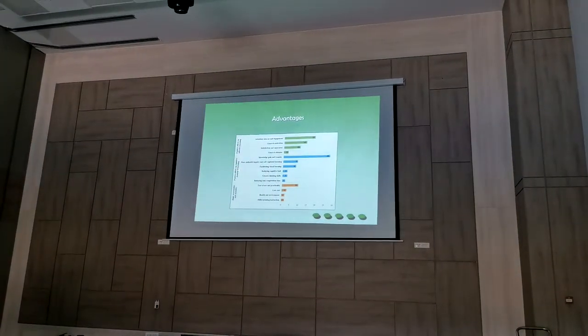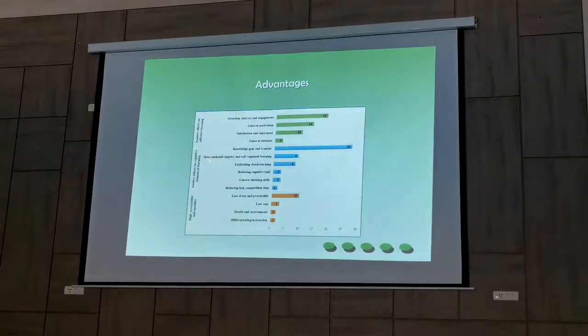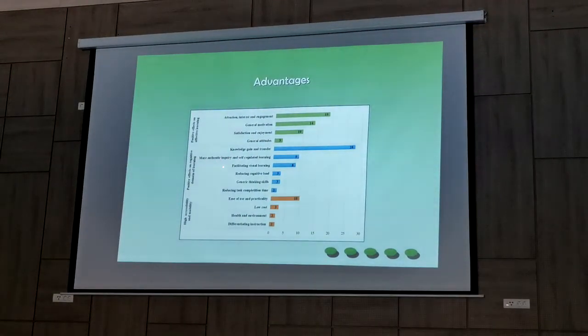Then, positive effects on the cognitive domain of learning: knowledge gain and transfer, in-depth inquiry, and self-regulated learning, facilitating visual learning, reducing cognitive load, generic thinking skills, reducing test completion time. High accessibility and usability as a third group: ease of use and practicality, low cost, health and environment, and differentiating instruction.